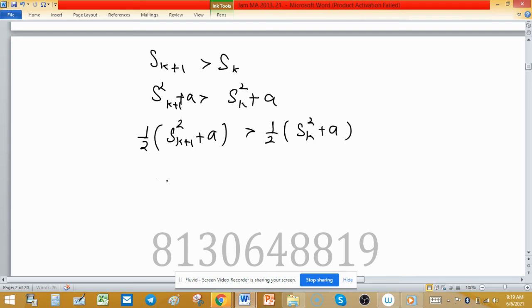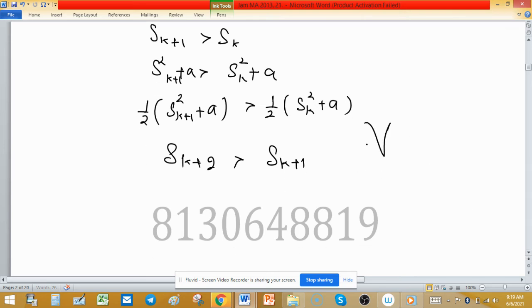Here we can say that this is Sk plus 2 greater than Sk plus 1. Using mathematical induction we can see that it is true for all k, and k comes from the natural numbers.